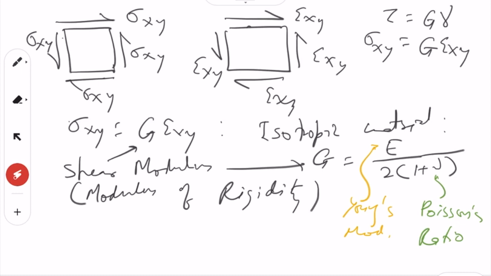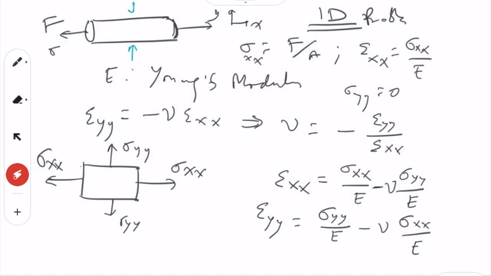Now we have to just relate. Basically we have got a relationship between G and E, got sigma xy and epsilon xy, got the relation between epsilon xx and sigma xx and sigma yy, and similarly for epsilon yy. Then we can write the equation, right.